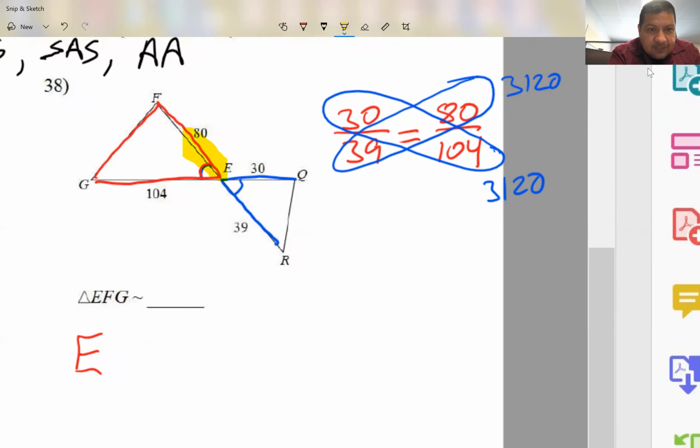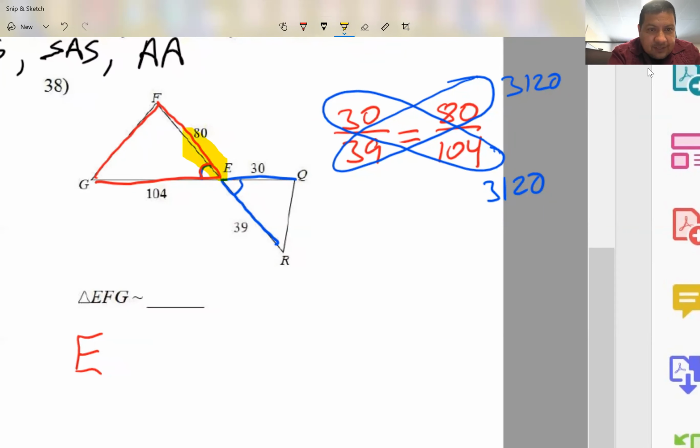And if I see the side EF, EF is the small side of my red triangle, right? Because there's 80 and 104. EF is the small side. So EF goes with my side EQ. Okay, so I think I can see already.